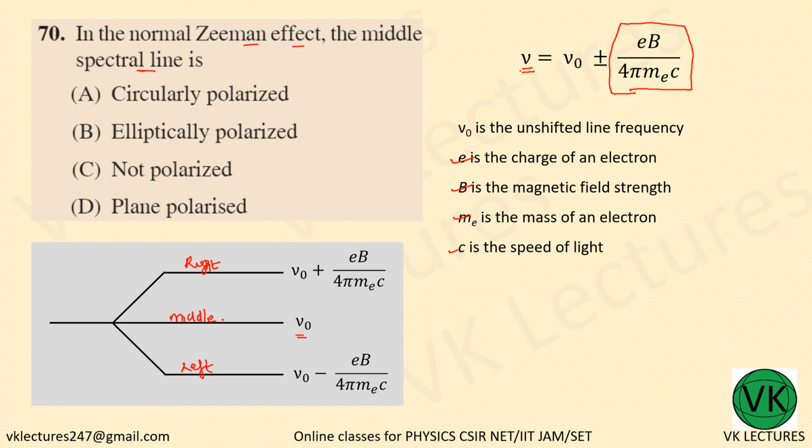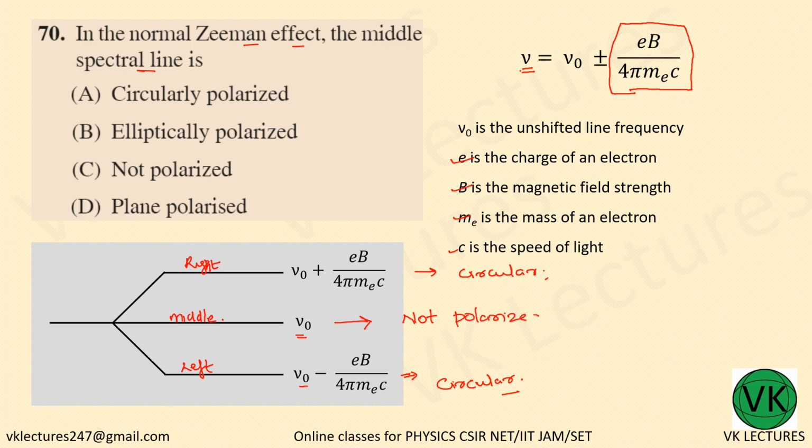Now nu naught minus eB divided by 4 pi m_e c is circular polarized. This is also circular polarized. Left circular polarized and right circular polarized, and nu naught is not polarized.